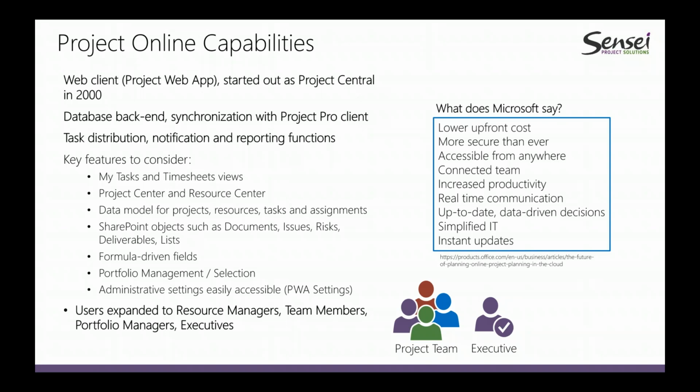Now, Microsoft is really pushing Project Online, and the subscription-based product has a lower upfront cost, which is key. You can sign up with Project Online for a recurring cost, but it's much smaller than it used to be.